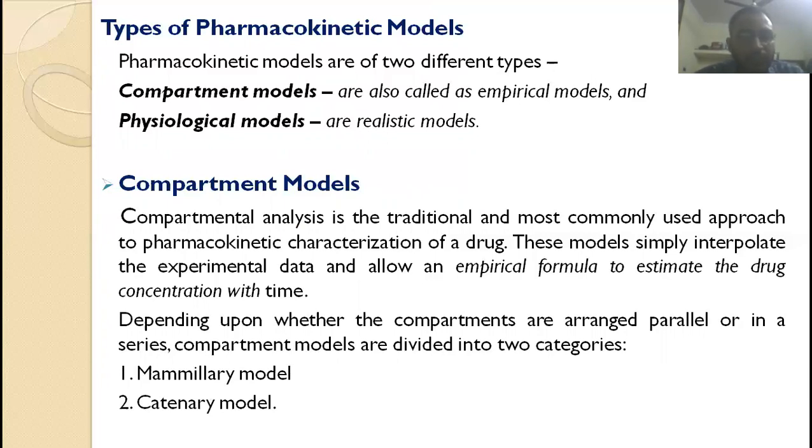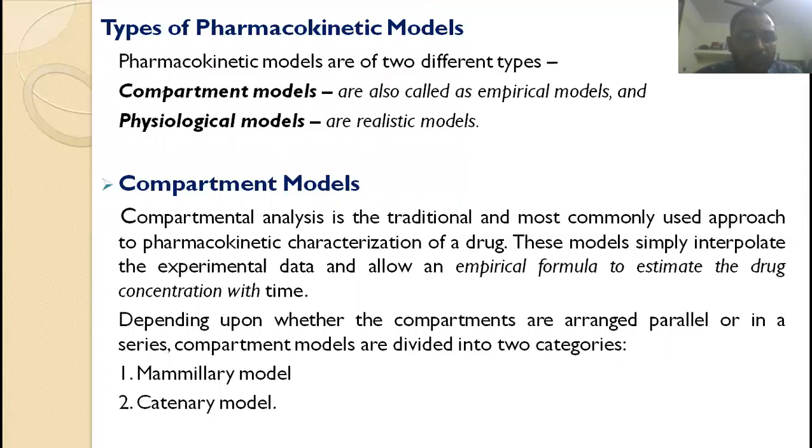Compartmental analysis is the traditional and most commonly used approach to pharmacokinetic characterization of a drug. These models simply interpolate the experimental data and allow an empirical formula to estimate the drug concentration with time.